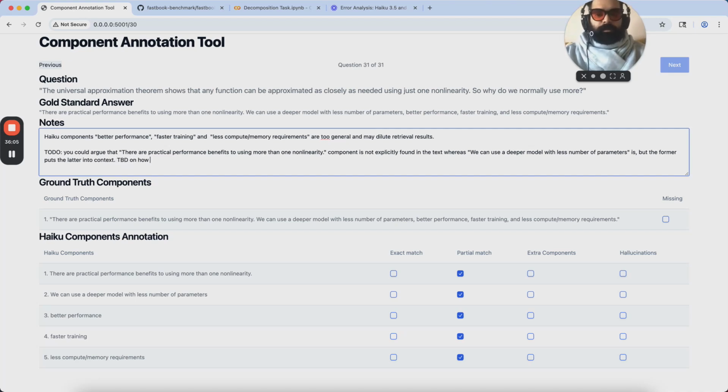TBD on how they perform separately during retrieval.